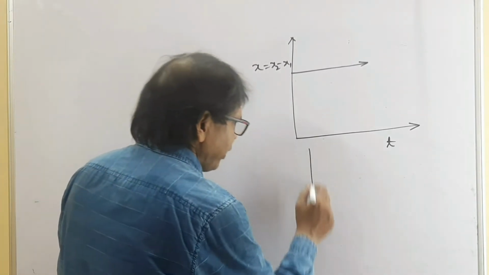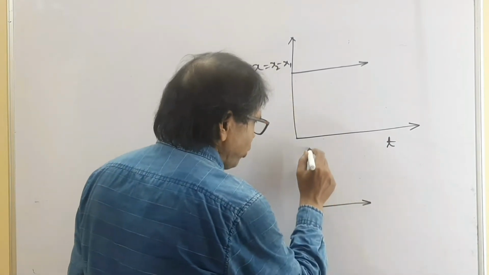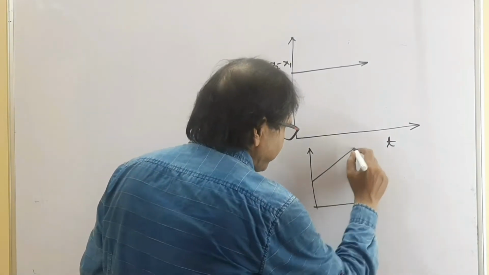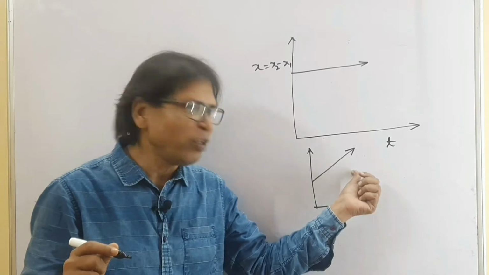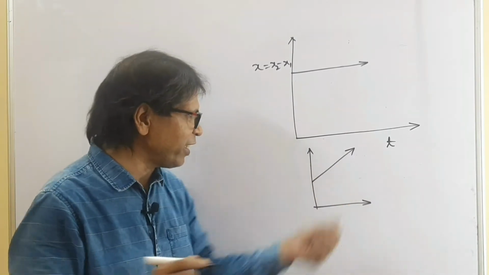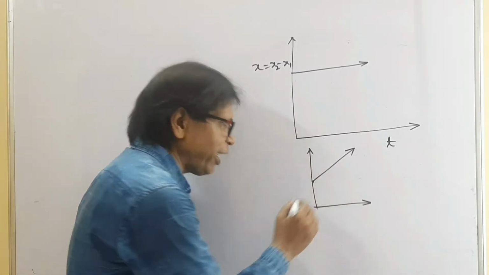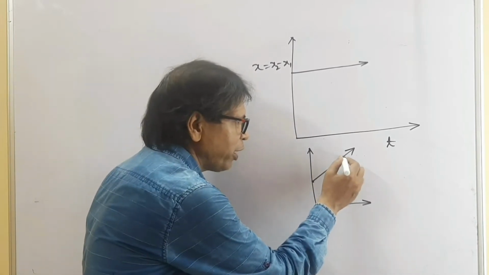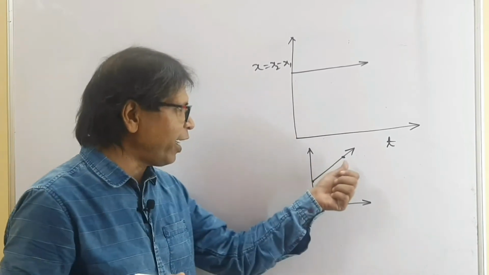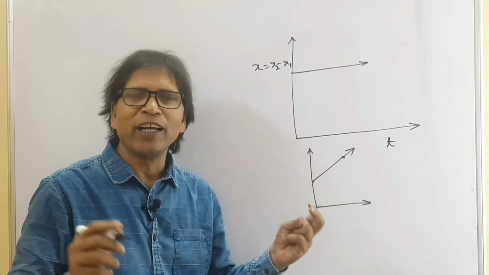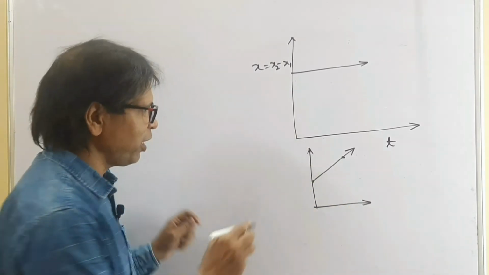Now this graph represents positive velocity. Here displacement increases. This is the initial position x1, this is the final position x2. So here x2 greater than x1, so this is positive velocity.